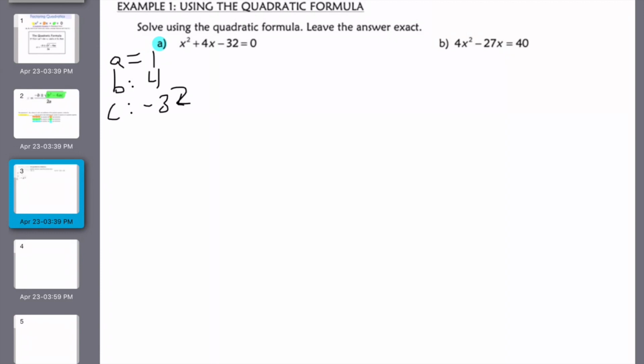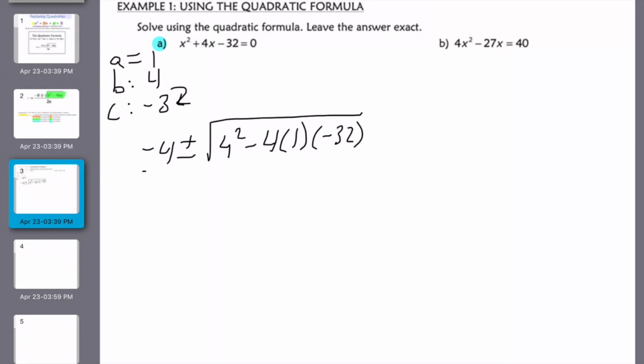So let's use the quadratic formula. It's the opposite of b, so negative 4, plus or minus the square root of b squared, so 4 squared, minus 4 times 1 times negative 32, and all of that is underneath the radical.